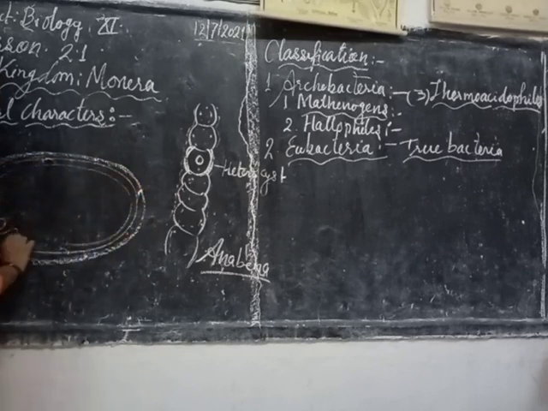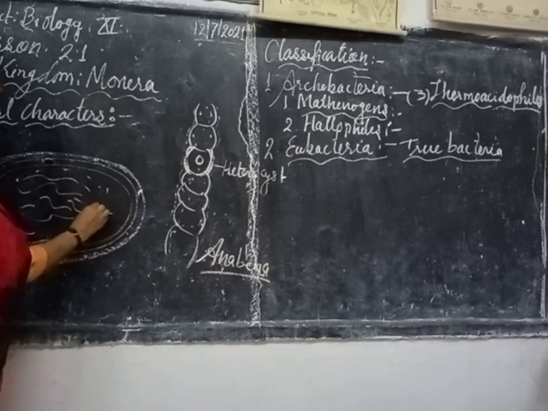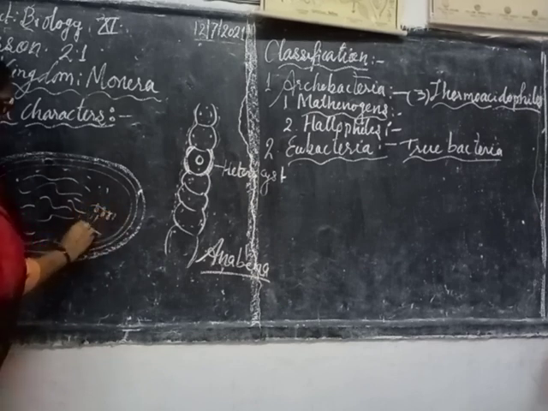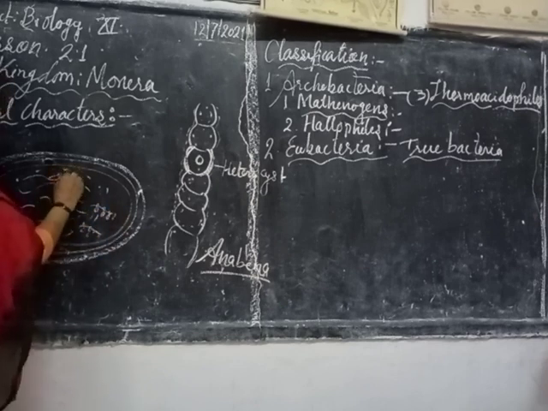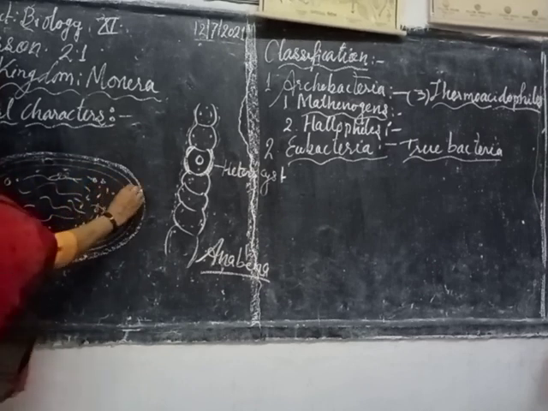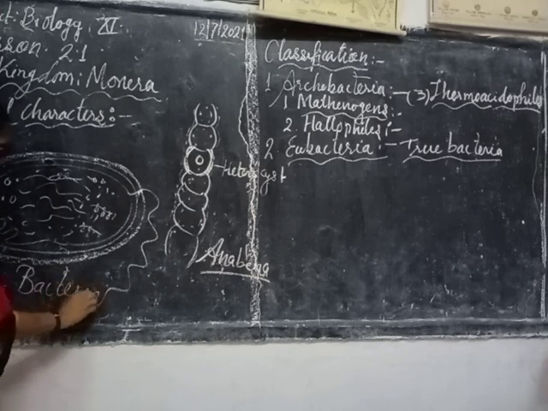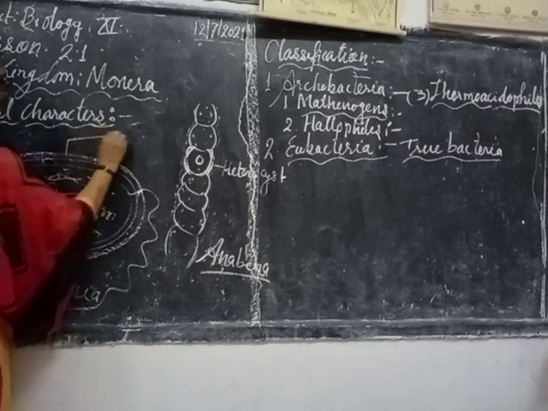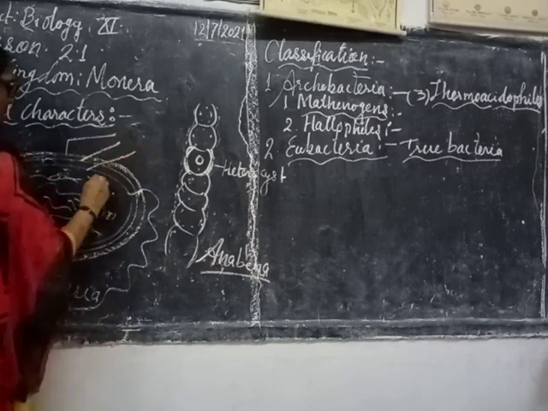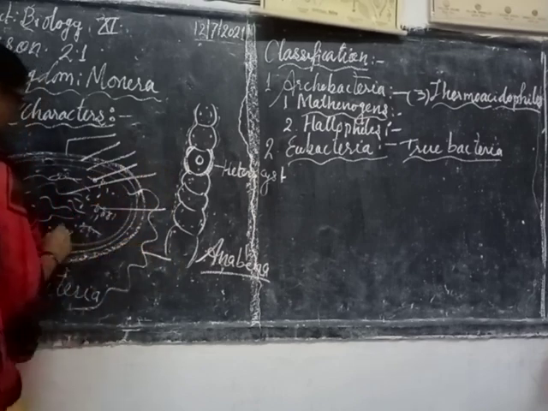Nuclear material is scattered in the center, there is no nucleus, and there are ribosomes, polyribosomes like this, free ribosomes and RNA, and cytoplasm and membrane also, flagellum also. This is a bacterium. So you label it: capsule, cell wall, cell membrane, RNA, DNA, nucleic acid, polyribosomes, flagellum, cytoplasm.